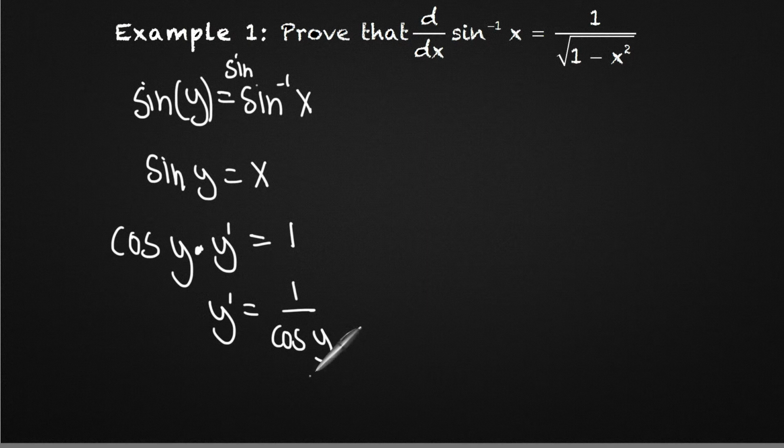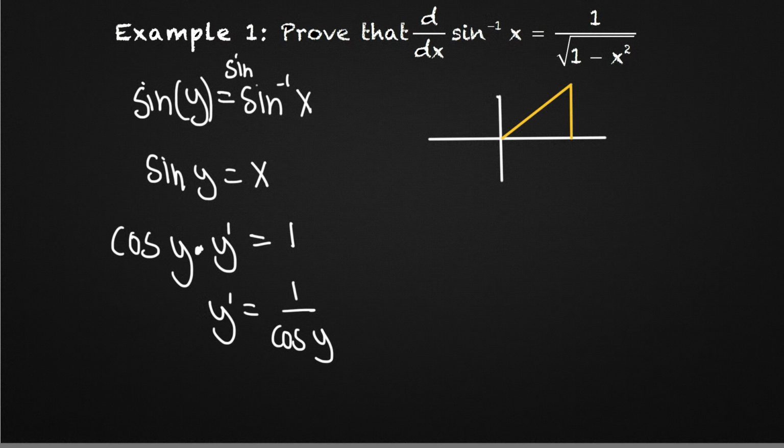Now this doesn't really help us yet because dy dx, the derivative, is still defined in terms of y. So what we'll do is make a triangle. It doesn't really matter, put it in the first quadrant.